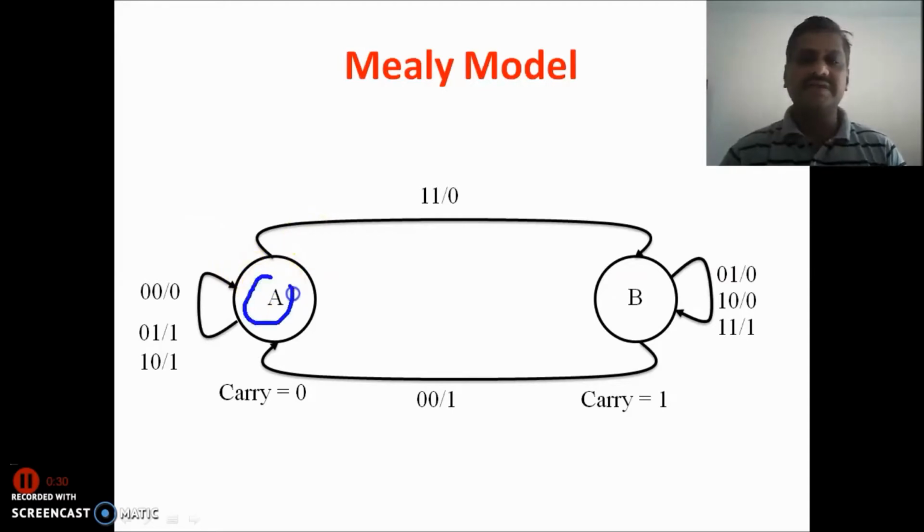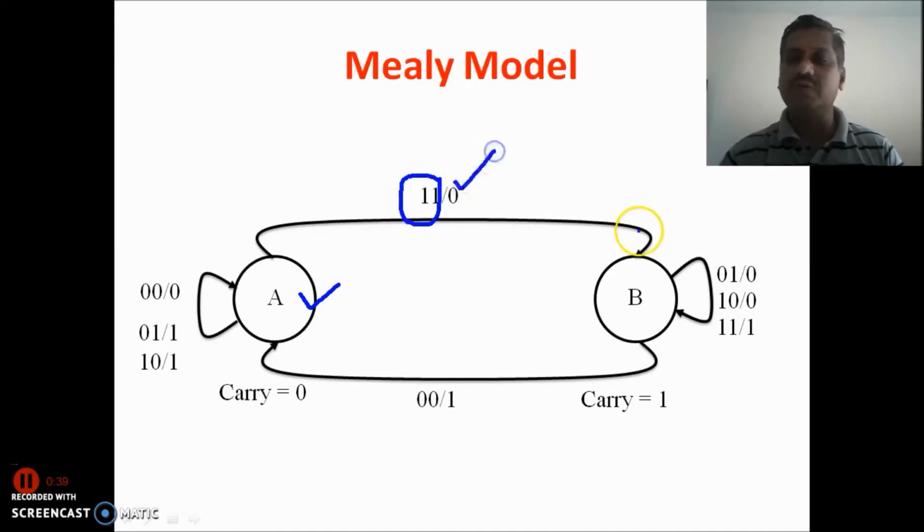Look at this: this is the stable state A and this is the stable state B. In the Mealy model, the output changes in between the states. For example, we are in the stable state A. Whenever inputs are 1, 1, the output will become 0 and then the circuit will reach the stable state B. That means the output changes in between the states.